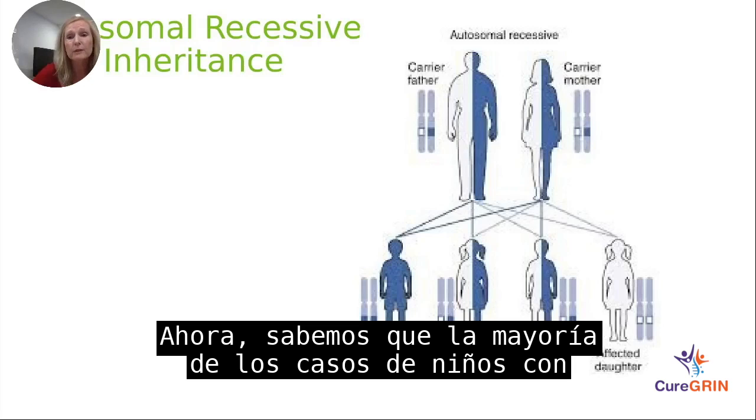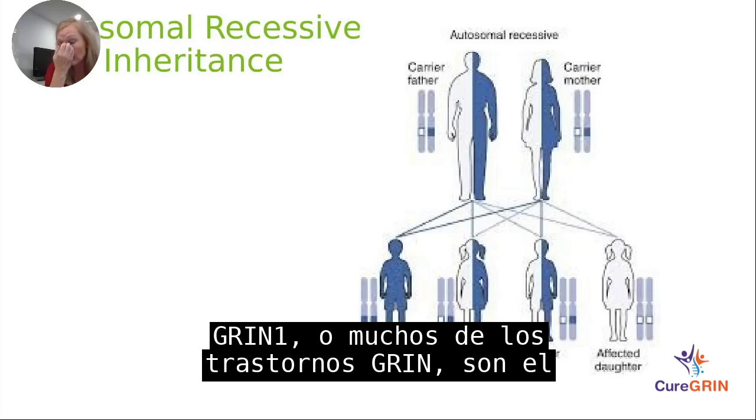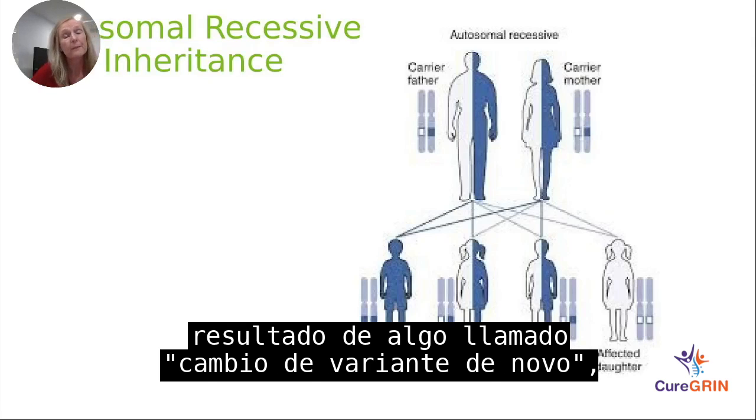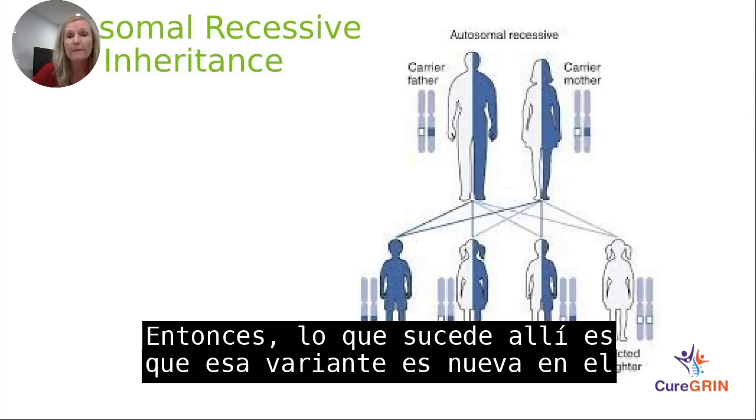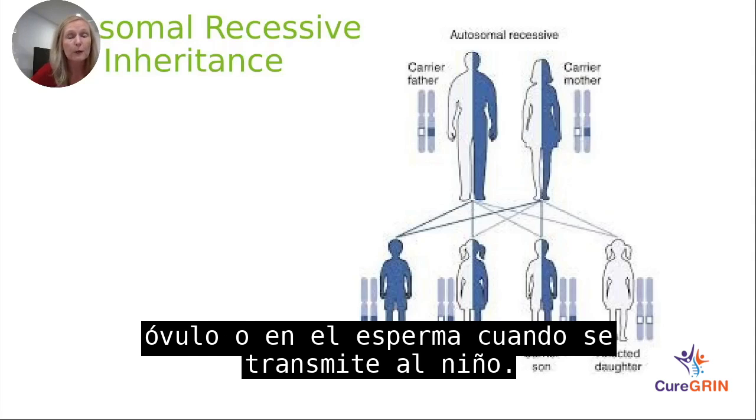Now, we know that most of the cases of children with GRIN1 or many of the GRIN disorders are the result of what's called a de novo variant change, meaning that it's new in that child. So what happens there is that the variant happens new in either the egg or the sperm when going to be passed on to the child.